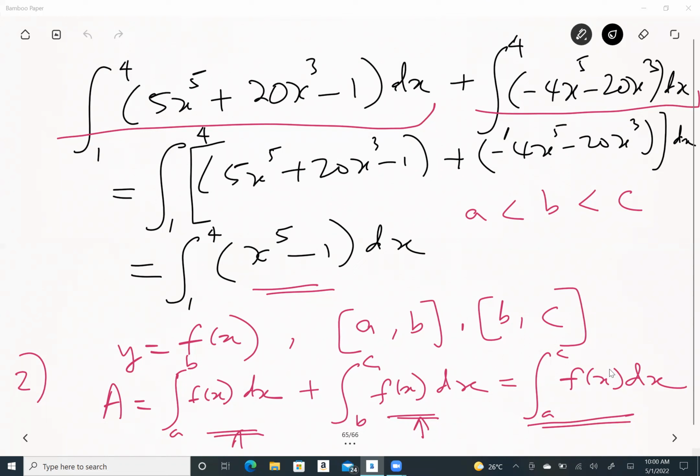Before that, we go to application 13.2. Look at example number 6. I want you to go through example number 6. I hope we will do that.